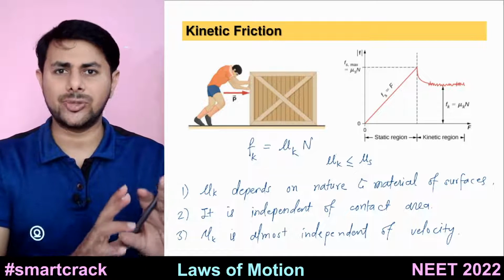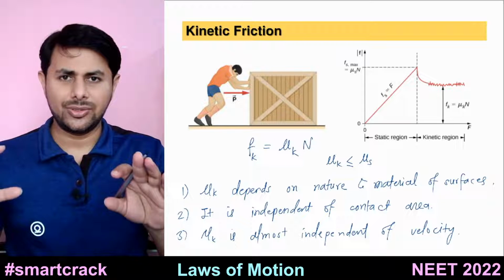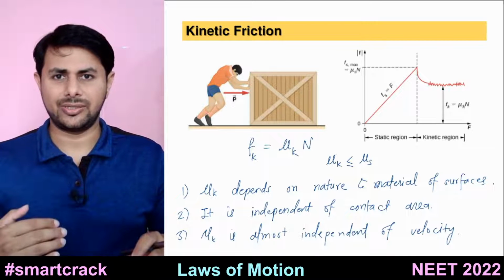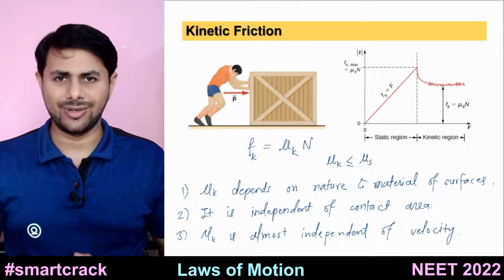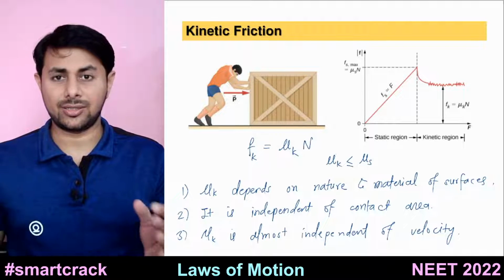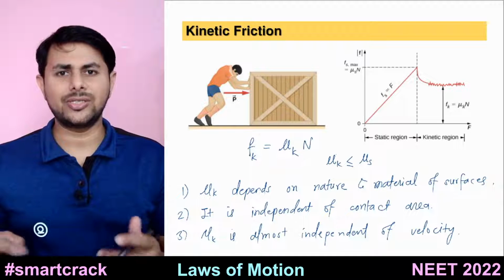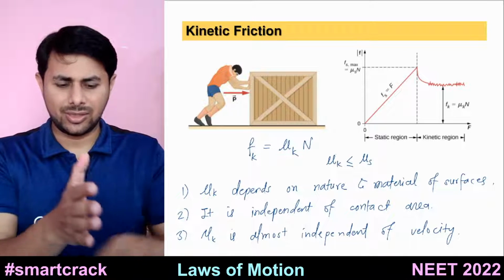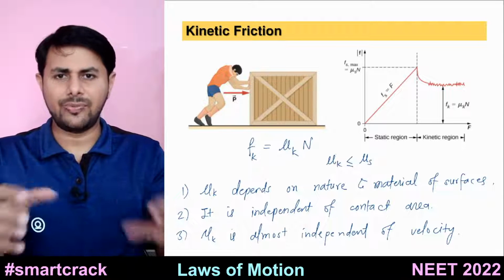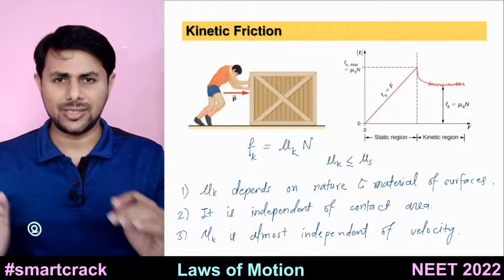Once you set the block in motion, then you need to keep on exerting lesser force, compared to the previous case, to keep that in motion. Why is the lesser force required now? Because now the friction has reduced. Once block begins to move, the friction between the surface and the block surface is reduced.